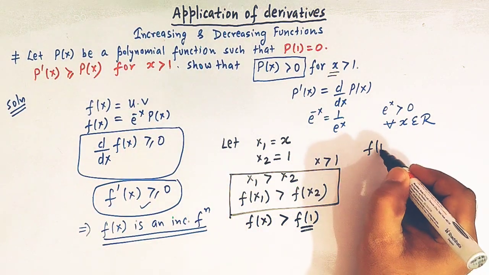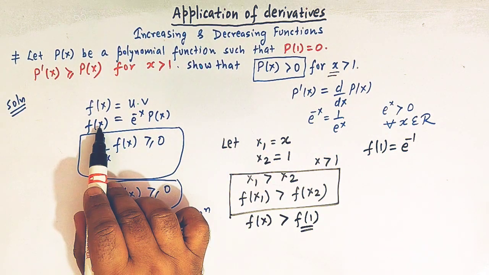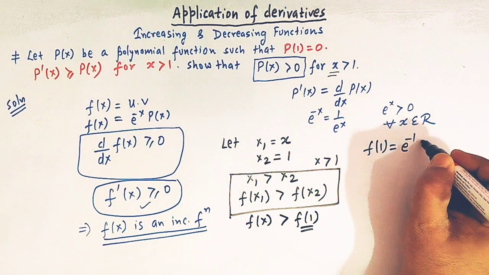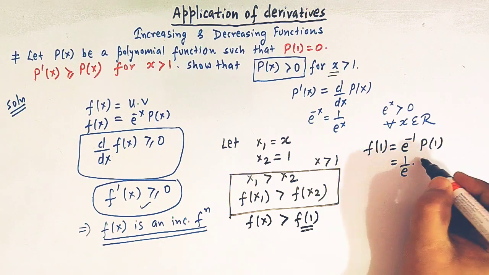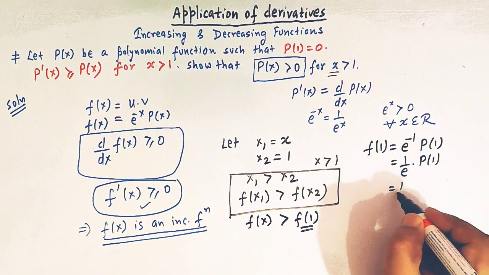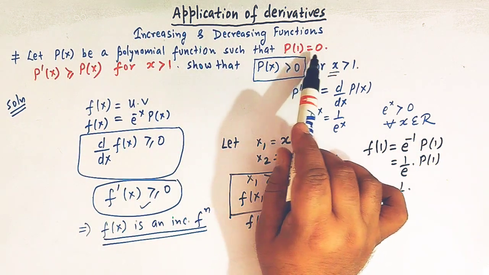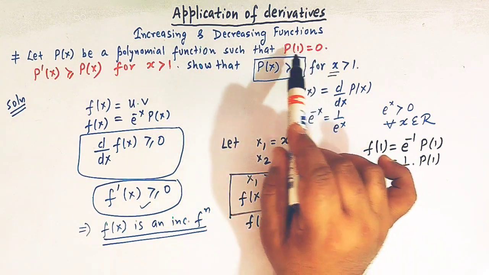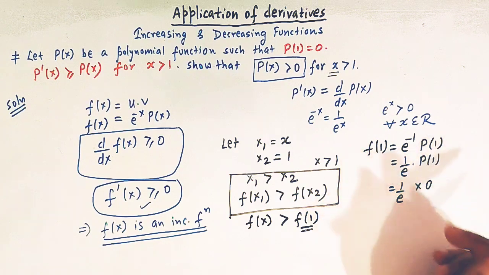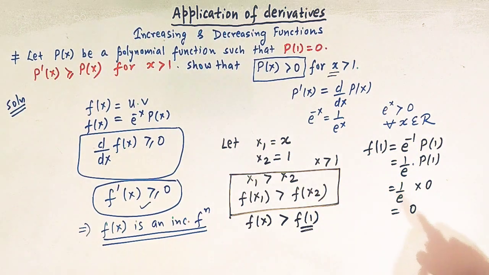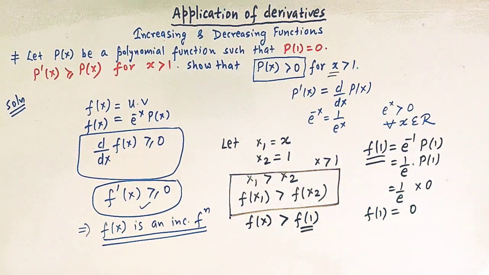So f of 1 is equal to e raised to minus 1 times p of 1, so we have 1 over e times p of 1, and p of 1 is given to be equal to 0, right? So here we have 0, and f of 1 is equal to 0.